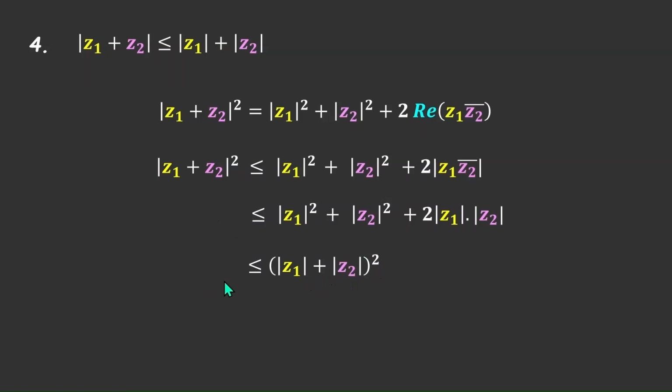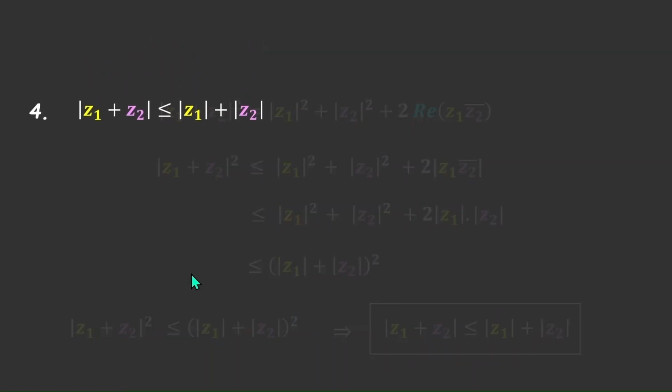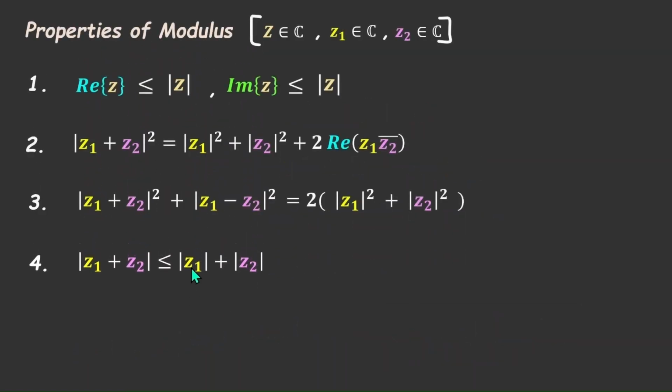We can simplify it as mod of z1 plus z2 whole square is less than or equal to mod of z1 plus mod of z2 whole square. So this simplifies to mod of z1 plus z2 should be less than or equal to mod of z1 plus mod of z2. So we also proved our last property of the modulus. So that was all about it. Hope you guys understood it. Thank you.